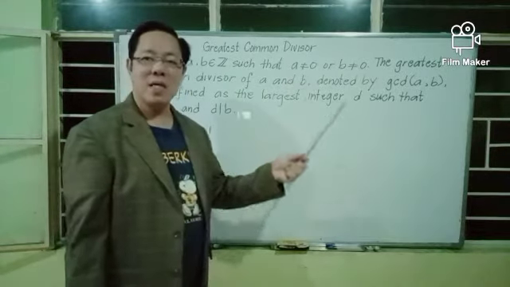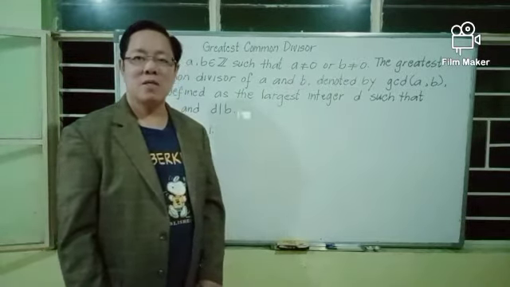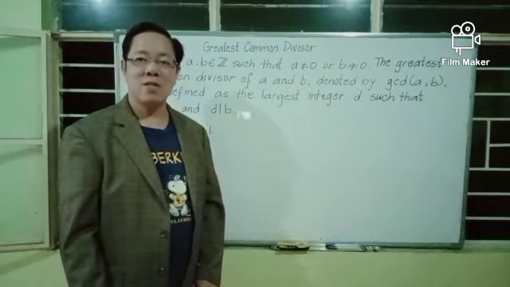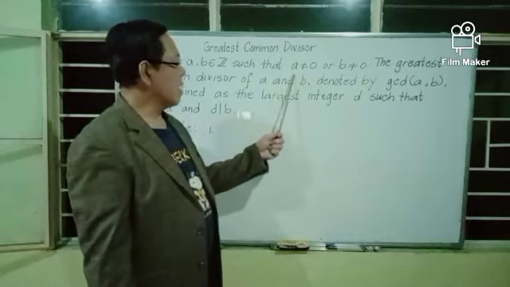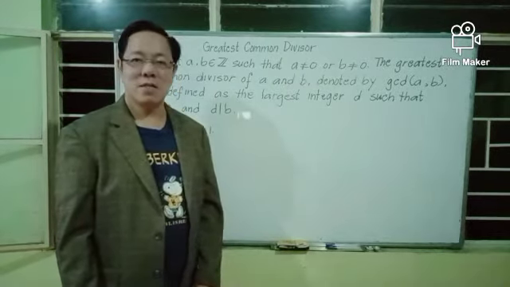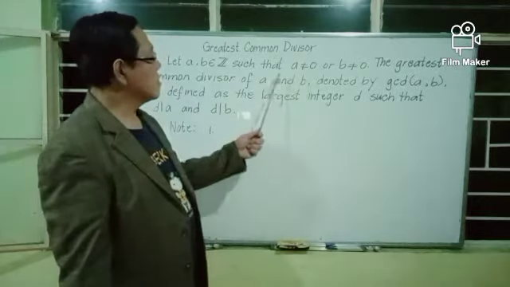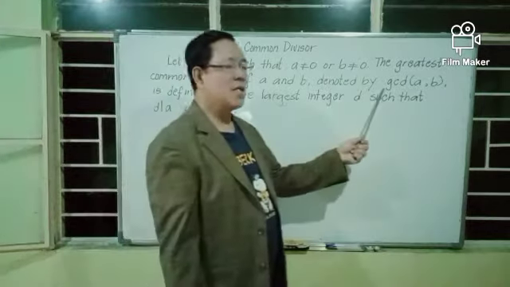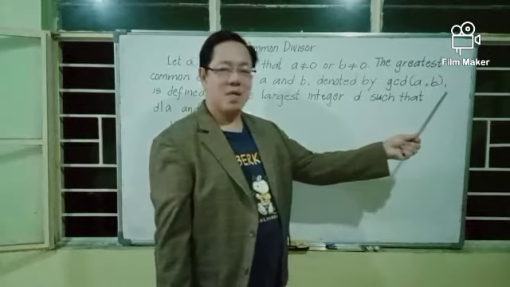Now, A and B cannot be both 0 because, as you will see later on, the greatest common divisor of A and B, if A and B are both 0, is 0. The greatest common divisor of A and B is denoted by GCD of A, B.